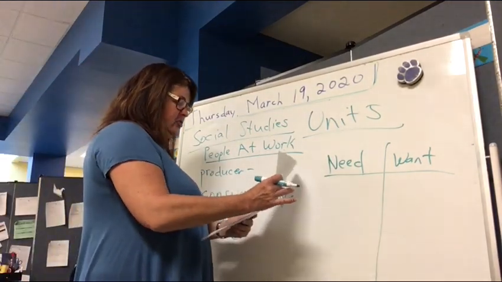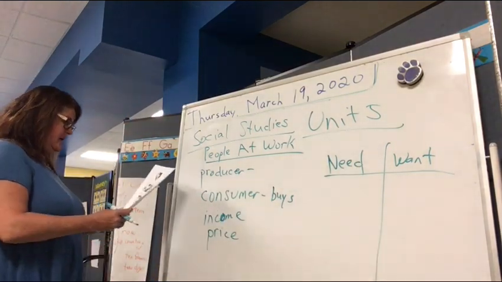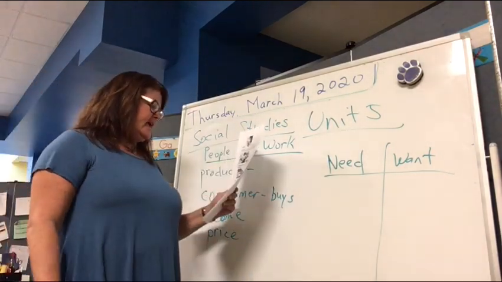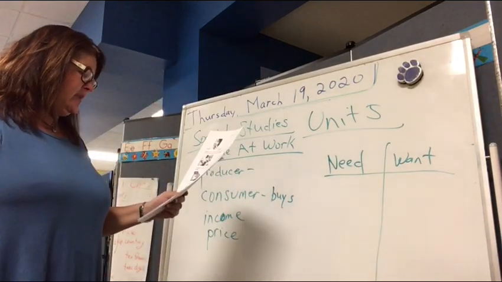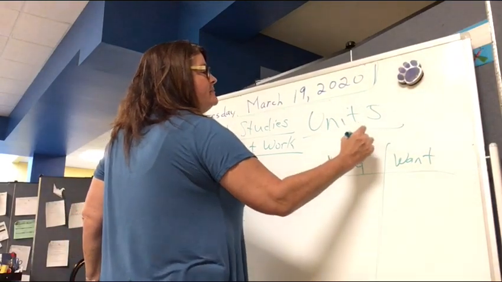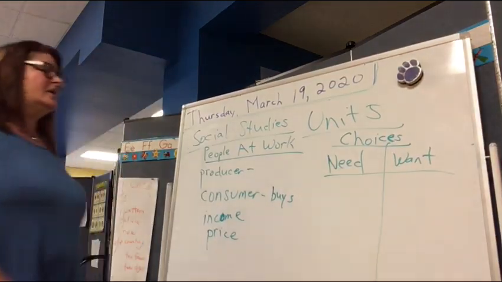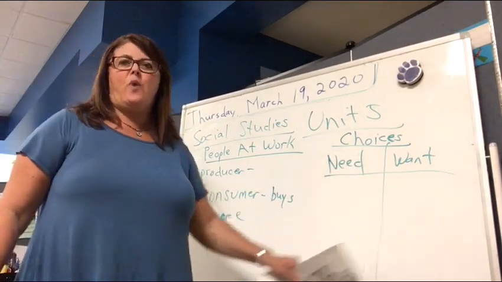These are choices that people make. How people buy and sell items and how we make choices between what we need and what we want. You're going to make choices every time you go to the store. Do I need it or do I want it?